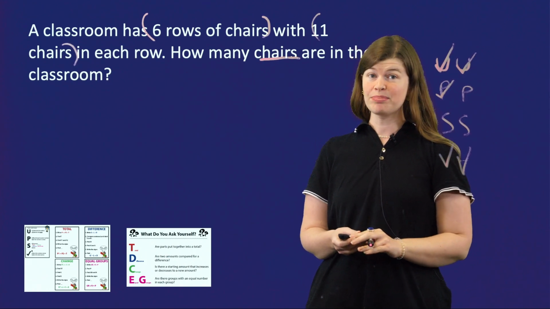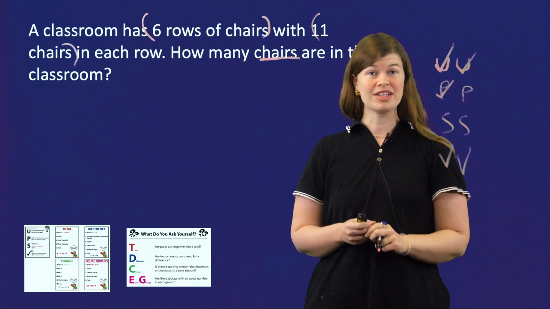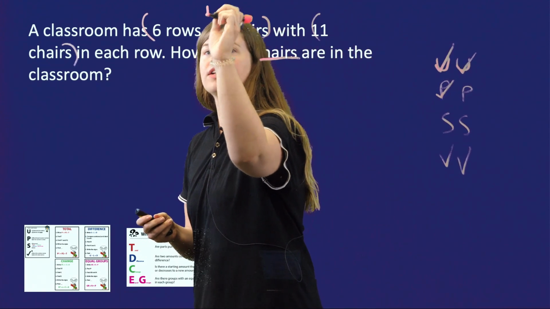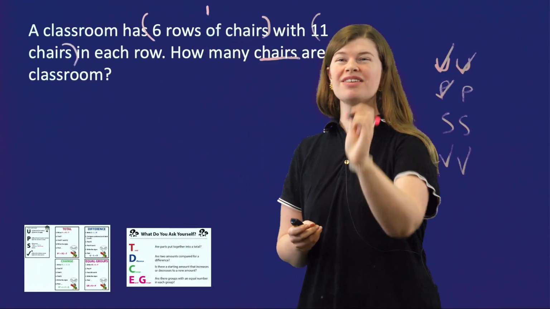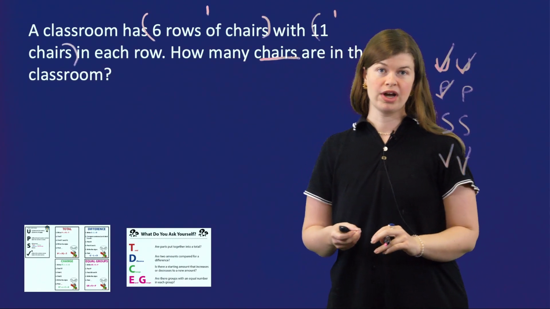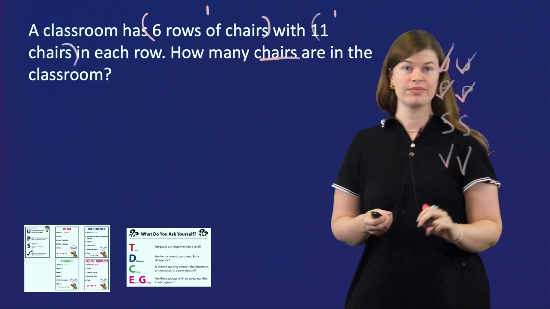This is a single-step equal groups problem, so this is pretty easy because they're both going to be in the same step. I'm going to put a 1 on top of our 6 rows of chairs and a 1 here on top of our 11 chairs in each row. And I'm going to check off my second letter P so I know I'm done with that step.